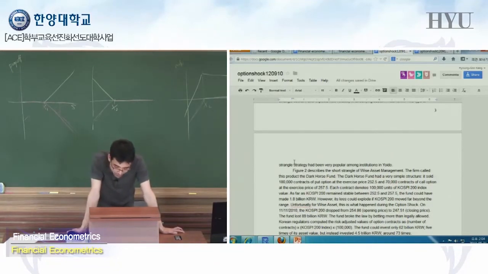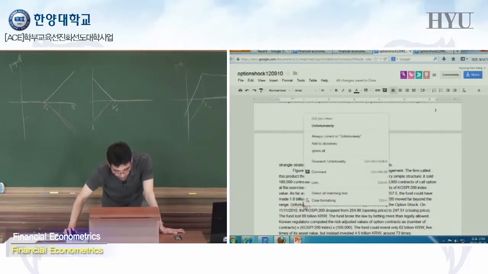Each contract denotes 100 units of KOSPI 200 index. Therefore, as long as KOSPI 200 remained stable between 252.5 and 257.5, the fund could have made 1.8 billion Korean won. However, its loss could explode if KOSPI 200 moved far beyond the range.